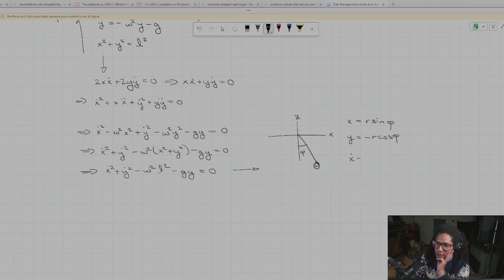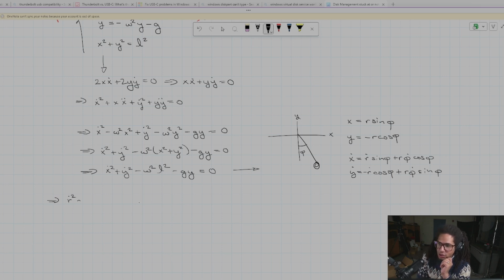That implies that x dot is equal to r dot times sine phi plus r phi dot times cos phi. And y dot is equal to minus r dot cos phi plus r phi dot sine phi. Okay, so now I'm going to take those expressions and square them.